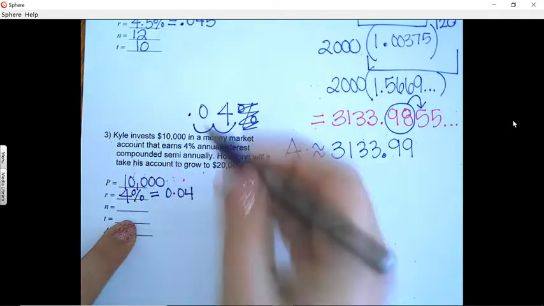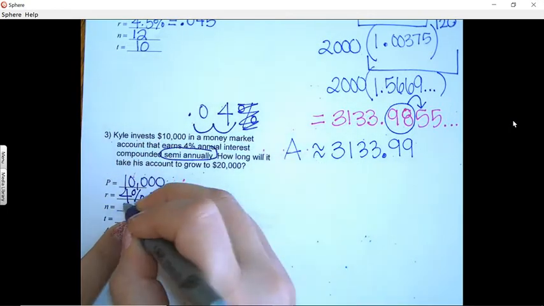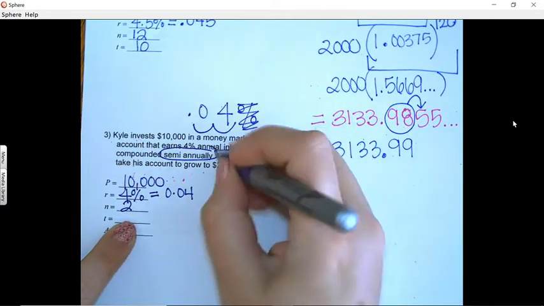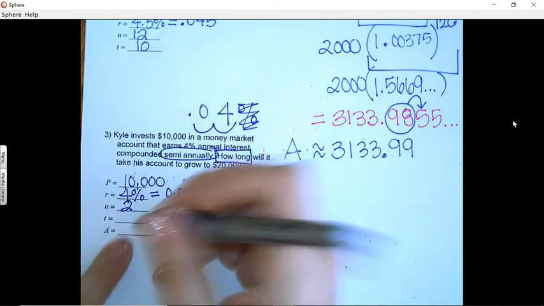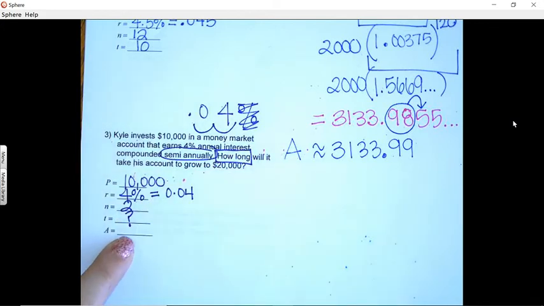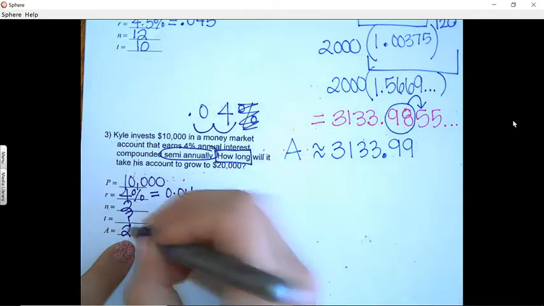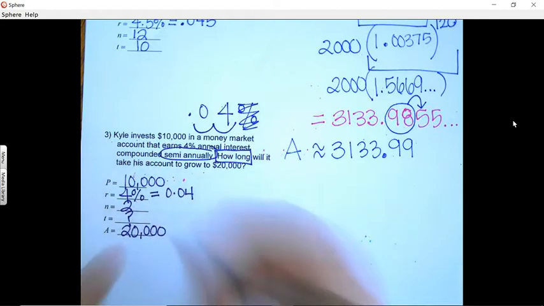Compounded semi-annually, so semi-annually means twice a year. How long? So it just asked how long. How long is time? So we don't know what t is in this problem. How long will it take his account to grow so the end amount is $20,000.